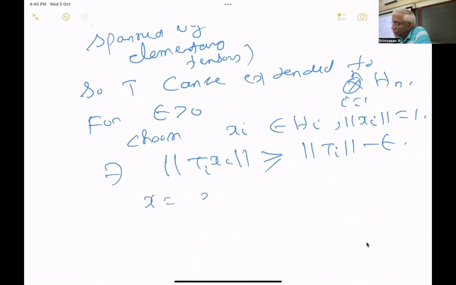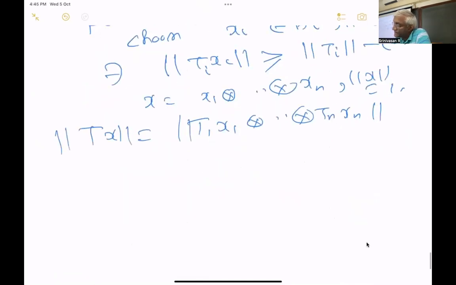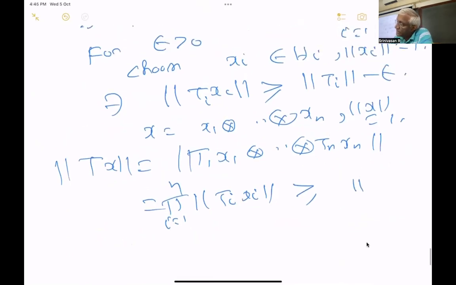Now let x equal to x_1 tensor up to x_n. Now Tx is equal to T_1 x_1 tensor up to T_n x_n. Norm x is equal to the product of norms of unit vectors, so that should also be equal to 1. Norm Tx equals the product of norm T_i x_i. And this is greater than or equal to, maybe I put an epsilon.